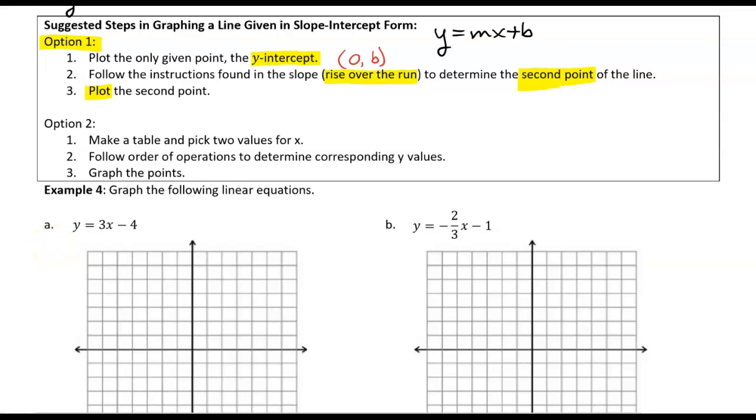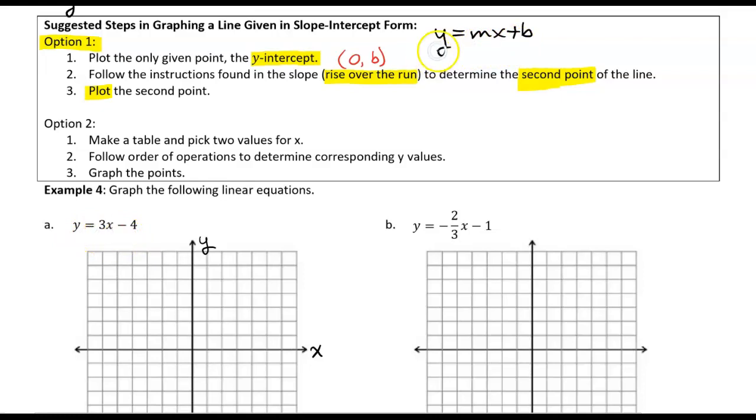Let's look at A. We want to graph the following linear equations in example 4a. I have y is equal to 3x minus 4. So, is this in slope-intercept form? Is it in mx plus b form?